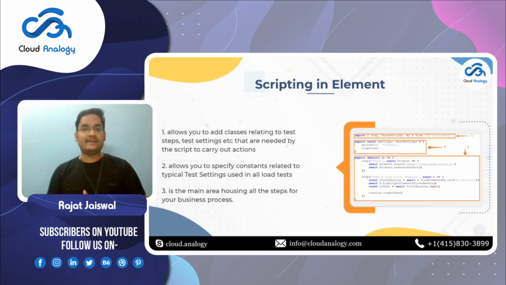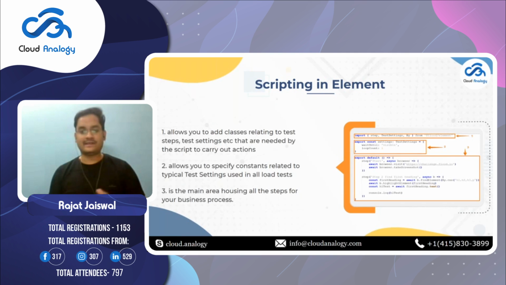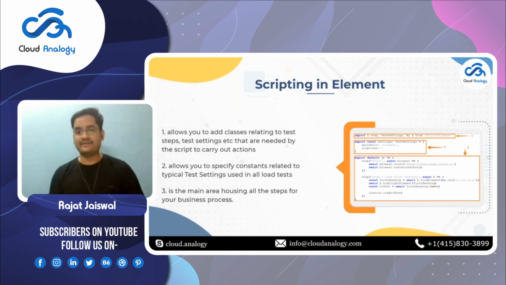Scripting in Element. In Element, we majorly divide the script into three sections so that it is more understandable and easier to differentiate. The first part, you can see in the picture, is where we are importing the library from Flood Element.